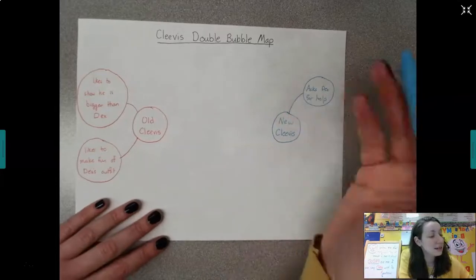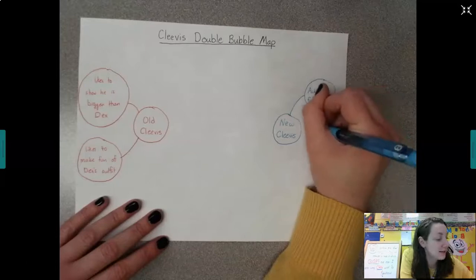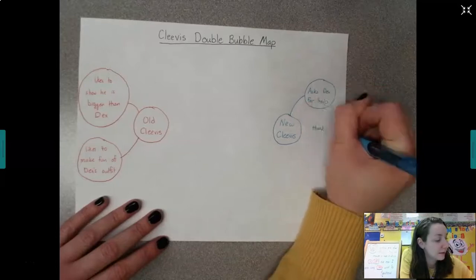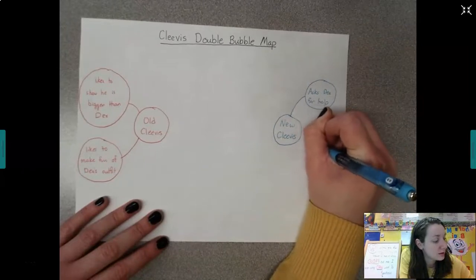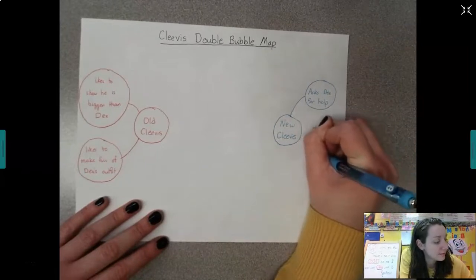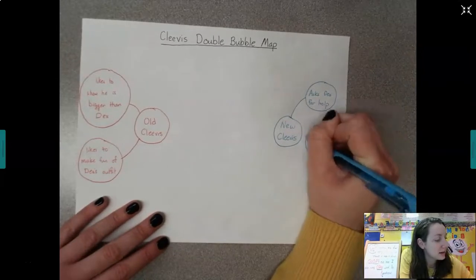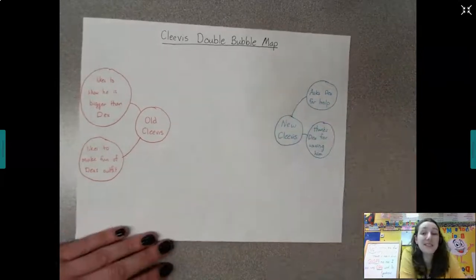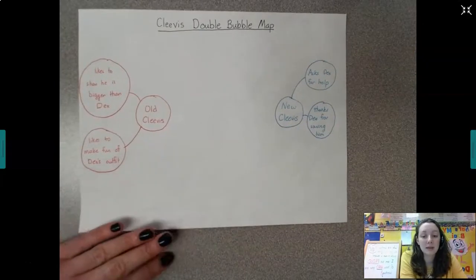And something else that he does is when Dex does help him, he thanks Dex for saving him. Again, being polite and kind to Dex is not something that the old Clevis would have necessarily done. He wasn't very nice to Dex, and so new Clevis thanks him for saving him.